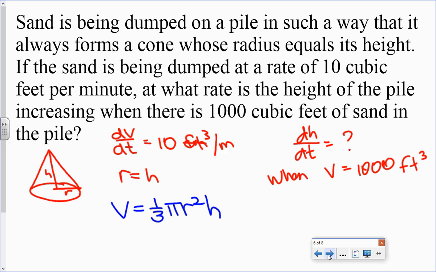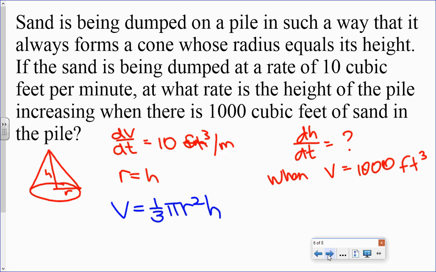Sometimes you're going to get information about R and H and their rates. Sometimes you won't have enough information. We know nothing about dr dt, and we know nothing about dH dt. But what do we know?